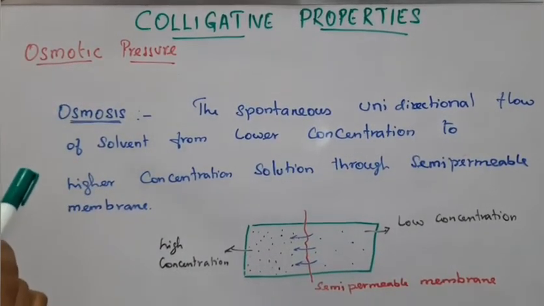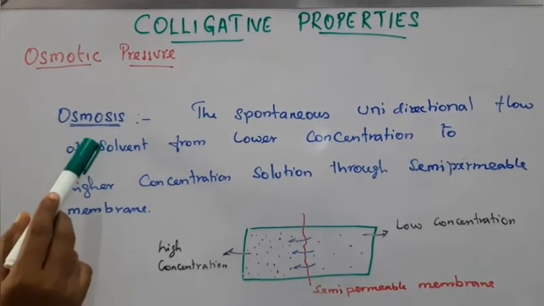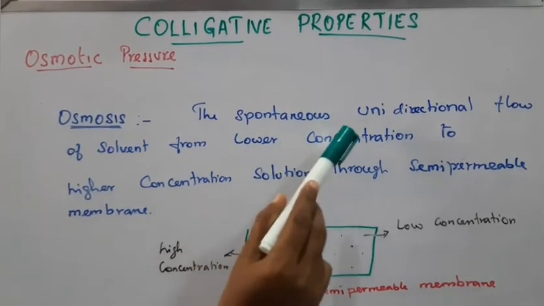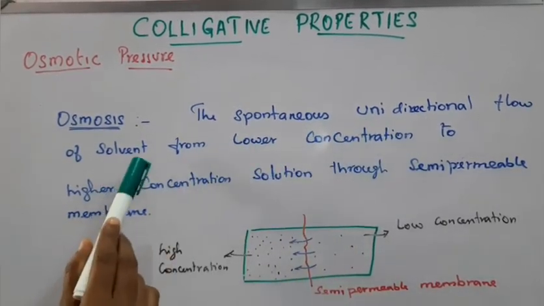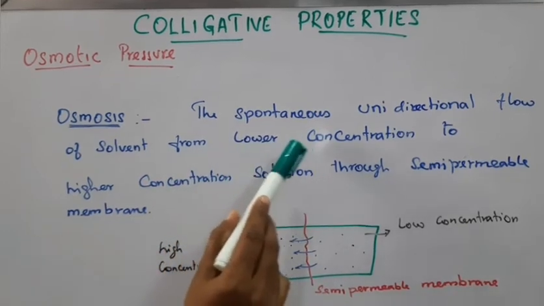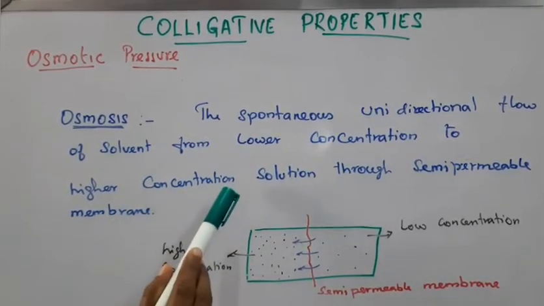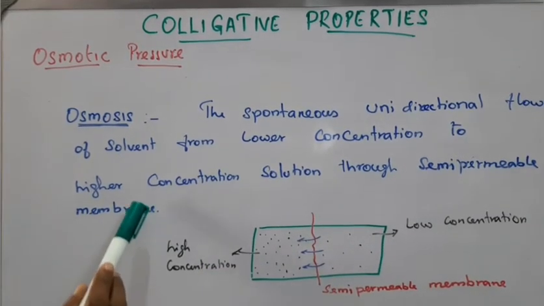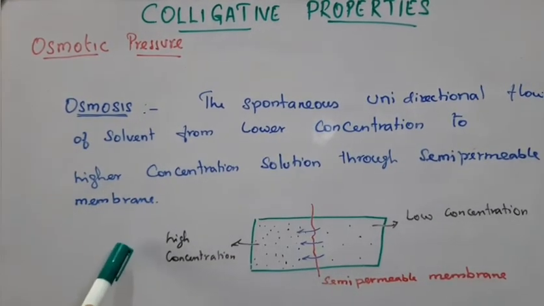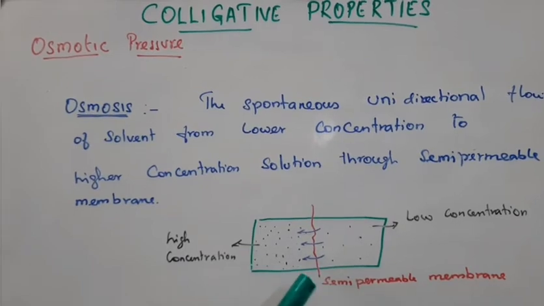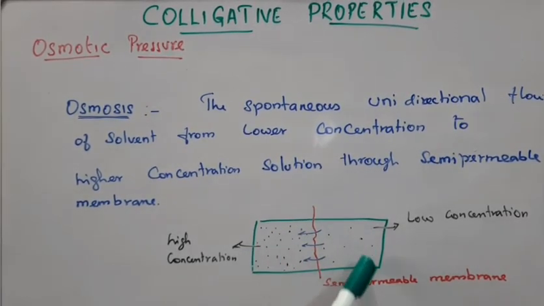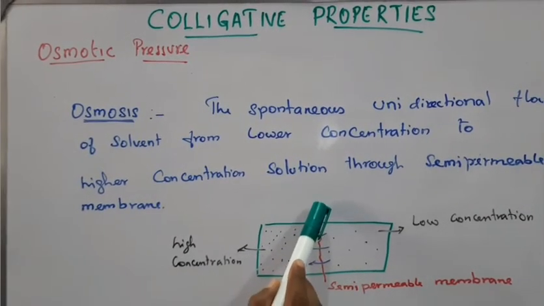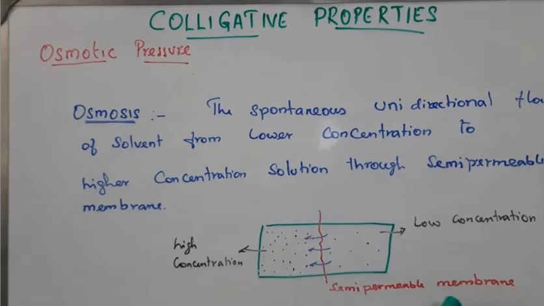Before that, we should know what osmosis is. The spontaneous unidirectional flow of solvent from lower concentration to higher concentration solution through a semi-permeable membrane is called osmosis. I will show you how osmosis takes place. Here this is split by a semi-permeable membrane.